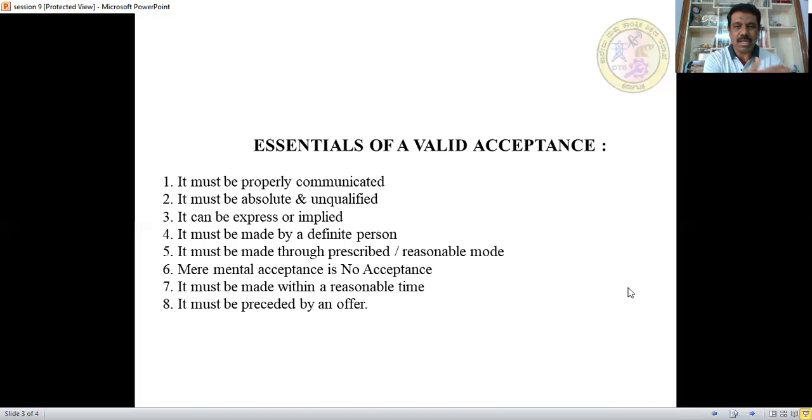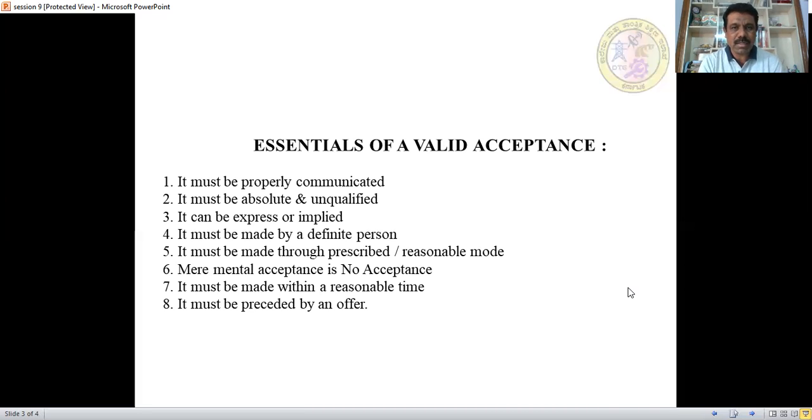Similarly, the other person must also convey his acceptance to the proposal properly. If offer and acceptance are not properly communicated, then there may be disputes and it leads to invalidity of acceptance and the offer.